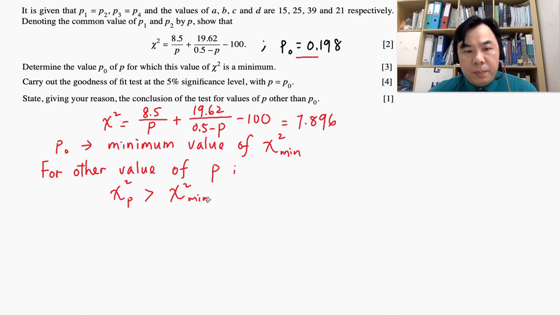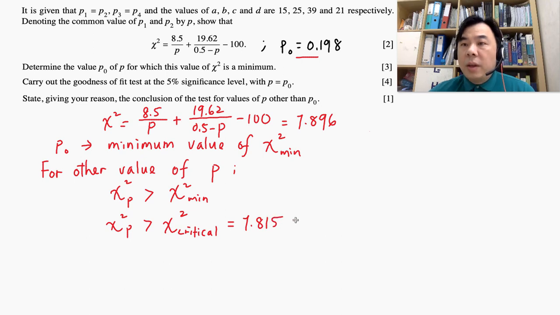Now because of that, the chi-square value for any other value of p must be greater than the critical chi-square value that we have already obtained from the MF19, which is found as 7.815 here.